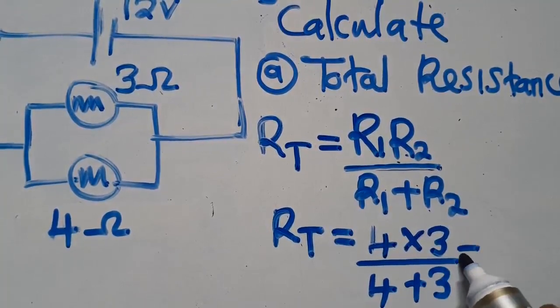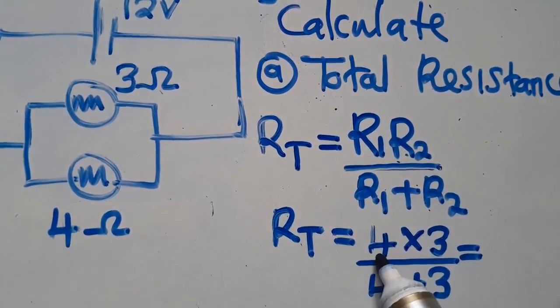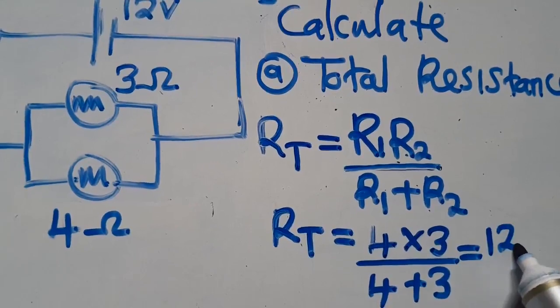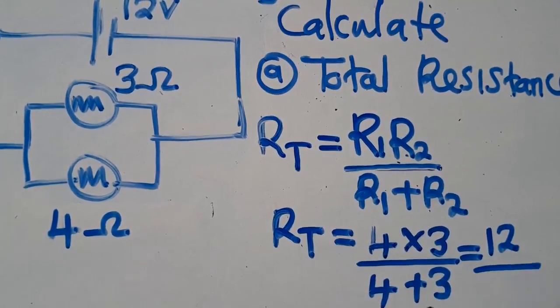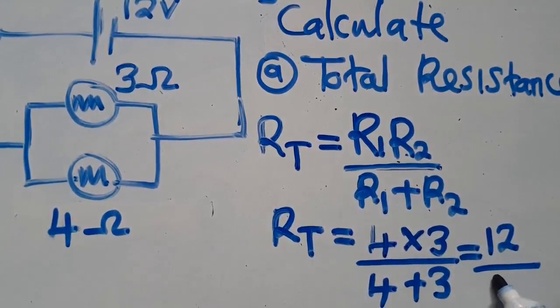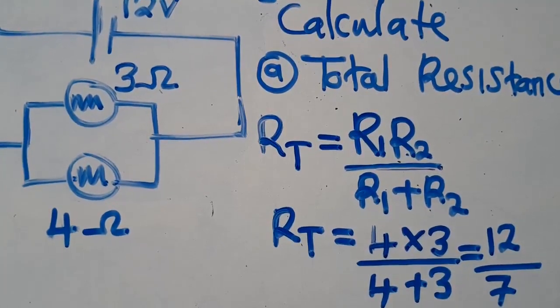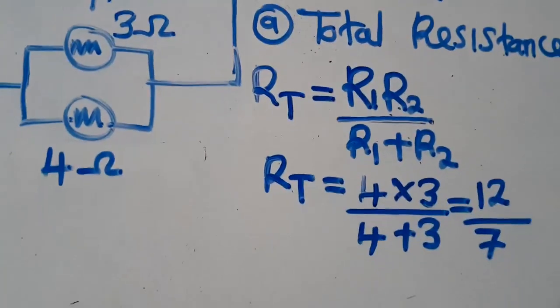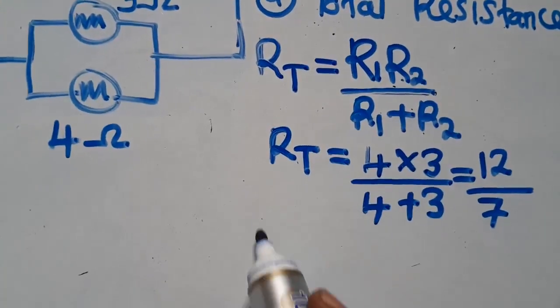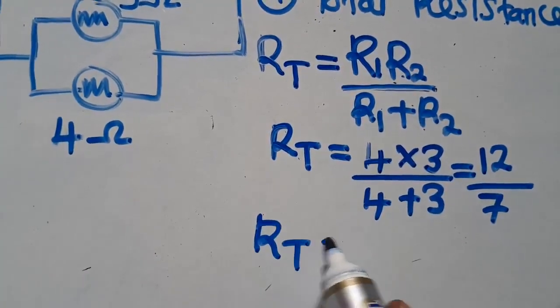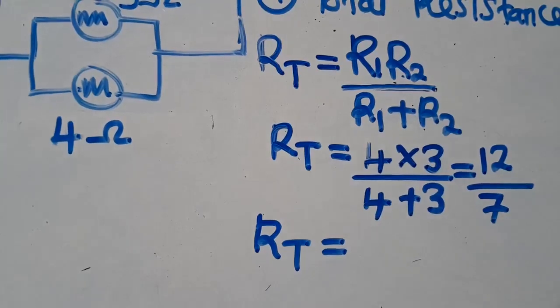What am I going to get? This is equal to 4 times 3, that is 12, over 4 plus 3, that is 7. So total resistance is equal to 12 divided by 7.